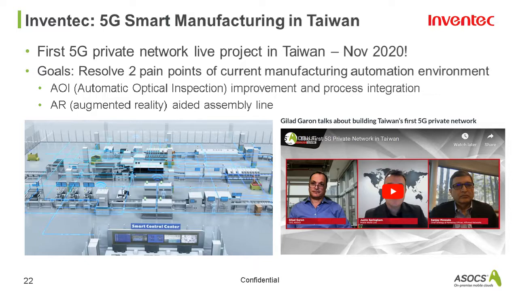The Inventec use case is probably one of the best examples in the industry of the benefits of 5G private networks. This specific case was done in partnership with Microsoft, or a division within Microsoft called Affirmed Networks, and I encourage you to probe and learn from this use case.